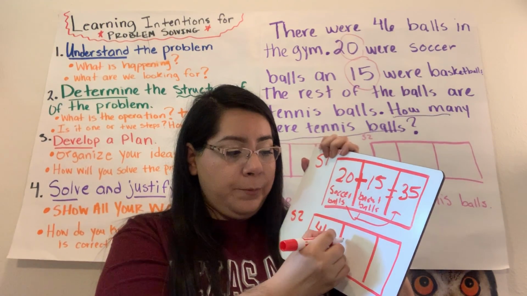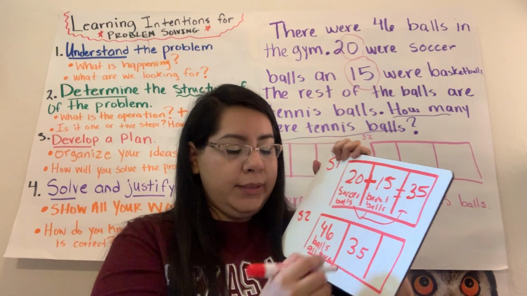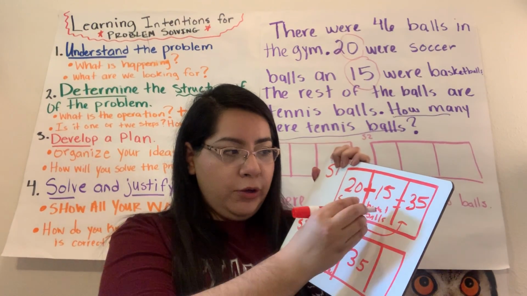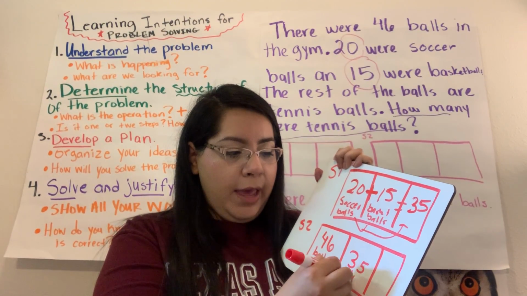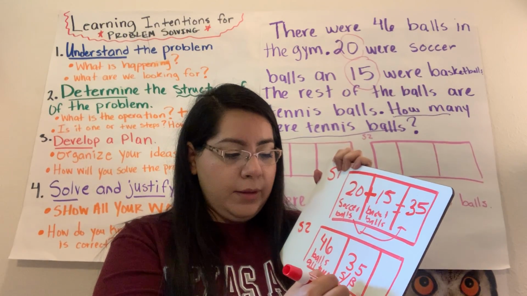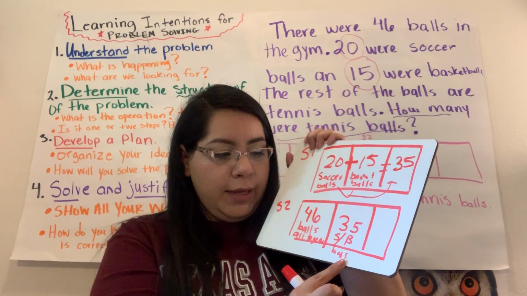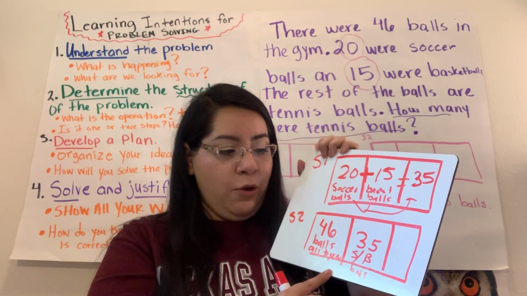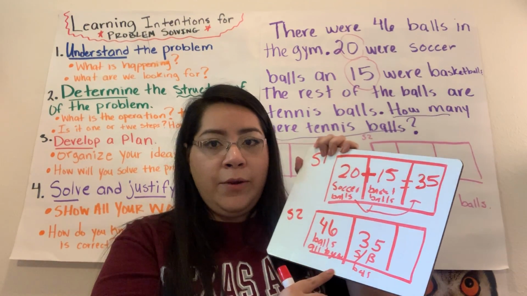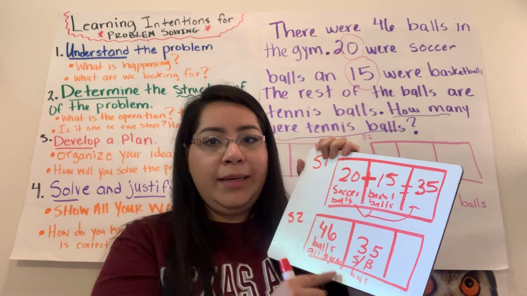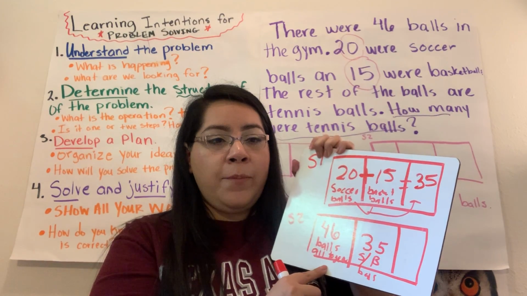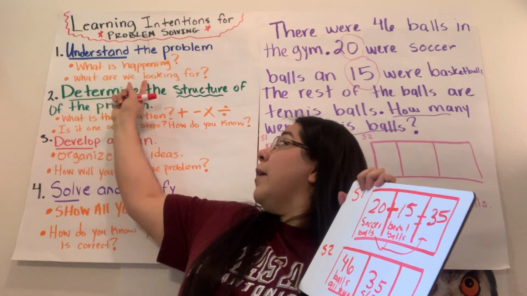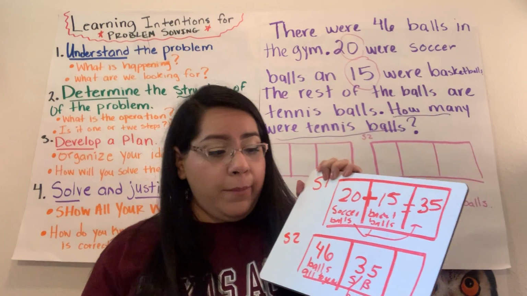it down over here. But then you're going to say, okay, these 35 are soccer balls and basketballs. But am I going to add soccer balls and basketballs with all the balls all together? So this is where we know that labeling the number that you're adding, subtracting, or multiplying is important, because it gives you a better picture and makes you go back and ask, do I understand what's going on in the problem?